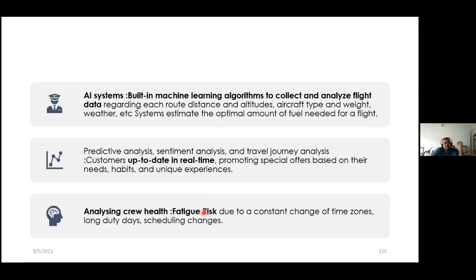Then AI systems, with built-in machine learning algorithms to collect and analyze flight data, right? Distance, flight crew attitudes, aircraft type, weights, weather, etc., that you can model certain behaviors with. Then one of the biggest issues that the airline industry has is flight crew health, right?